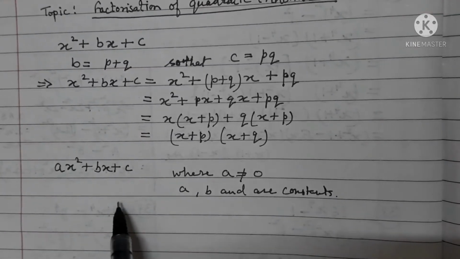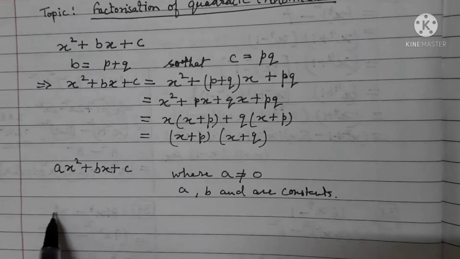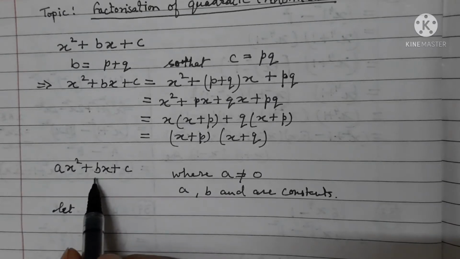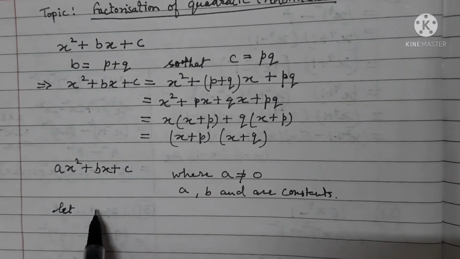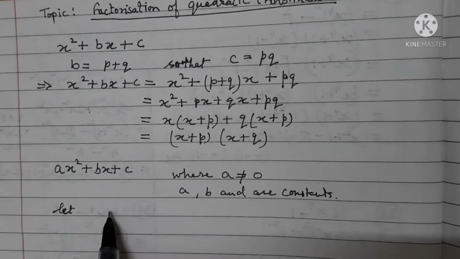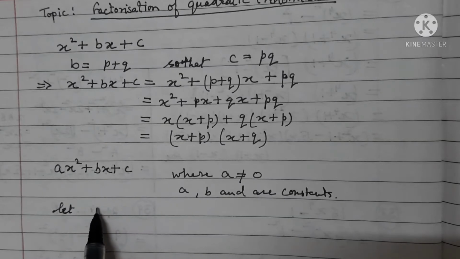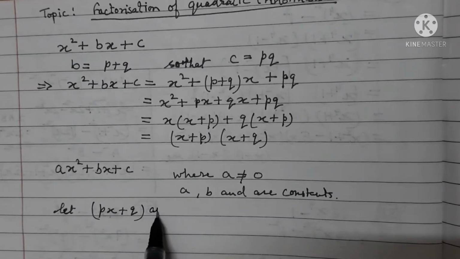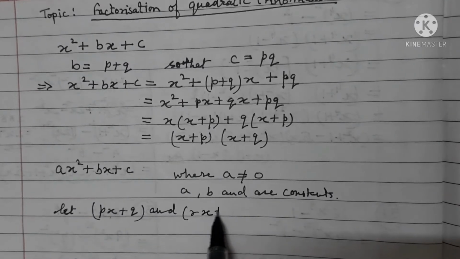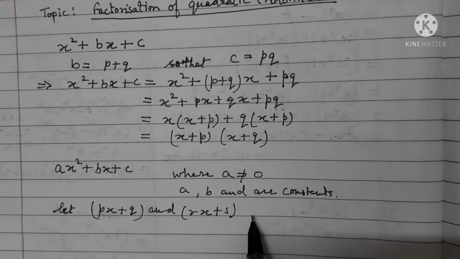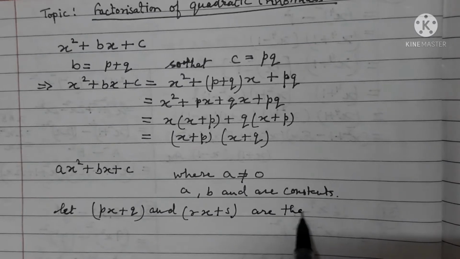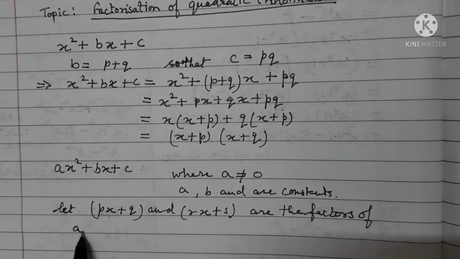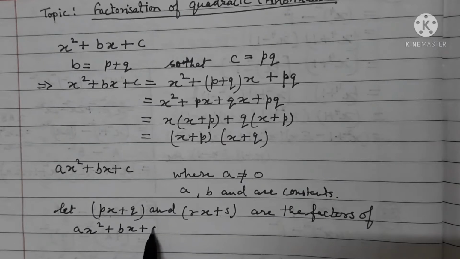So by splitting the middle term, let px plus q and rx plus s be the factors of this polynomial ax square plus bx plus c.